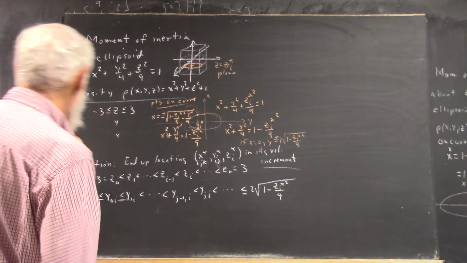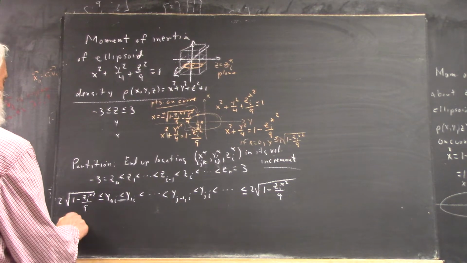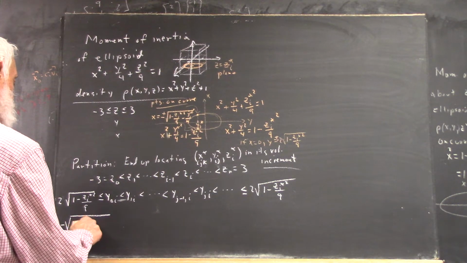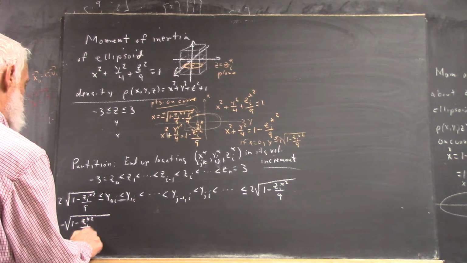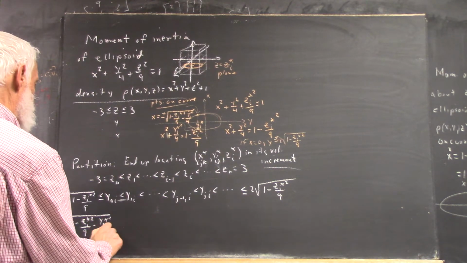And now you see that x has to go from negative square root of 1 minus zi star squared over 9 minus yi star squared over 4.